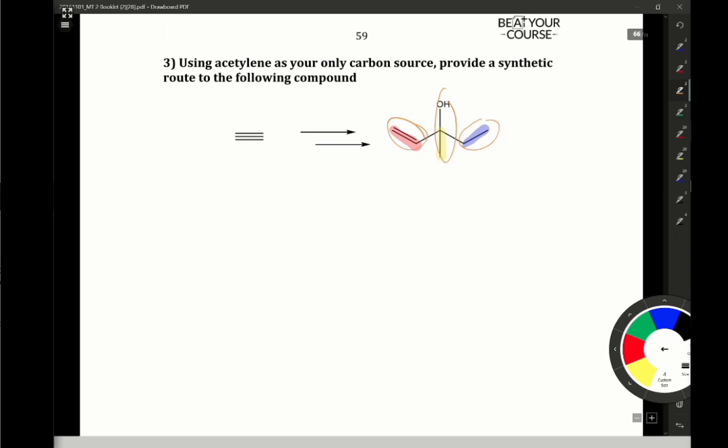We have maybe another acetylene molecule that was reduced right there. This might have been an acetylene that was reduced plus hydrated. And this one's pretty simple. This could have just been acetylene that was reduced.